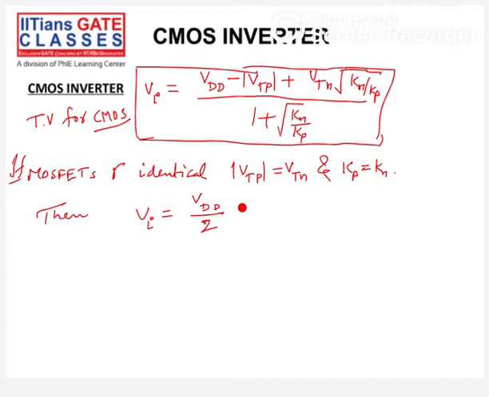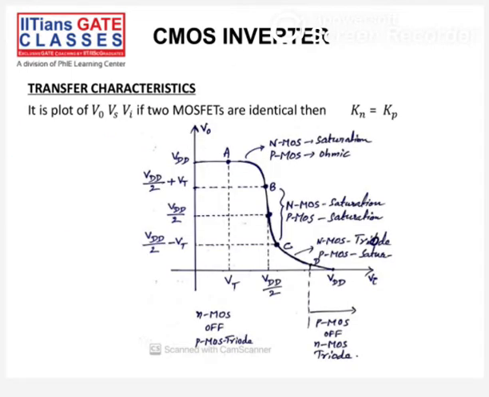So those changes we will see by transfer characteristic of CMOS inverter. So first, the main thing is we need to remember this threshold voltage, VDD minus VTP modulus plus VTN square root Kn divided by Kp divided by 1 plus square root Kn divided by Kp. That we can remember, and we can remember the remaining things also.